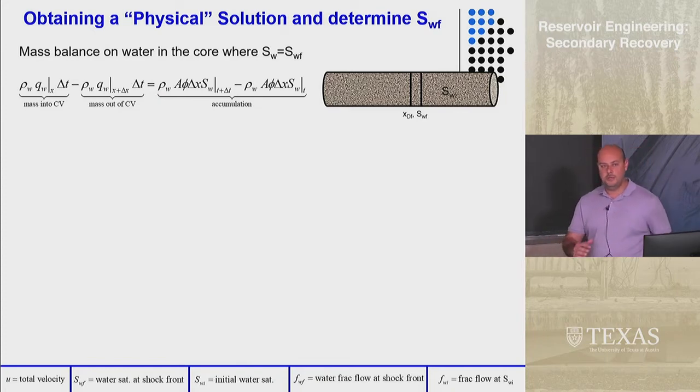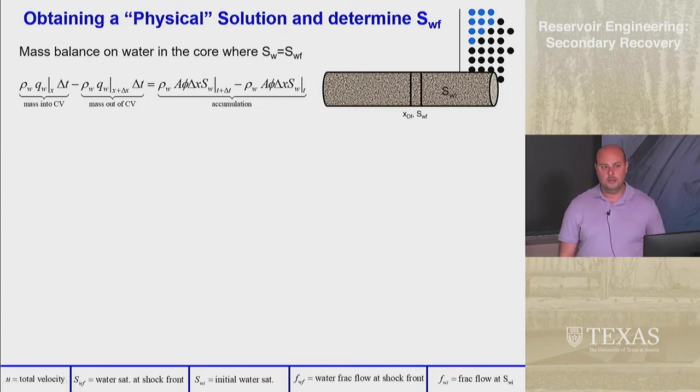Because there's a difference, some water accumulates or deaccumulates in that control volume, and that's given as the pore volume, A phi delta x, times the water saturation, that's the volume of water, times the density of water, which is the mass of water. And the water saturation at t plus delta t and at t are different.